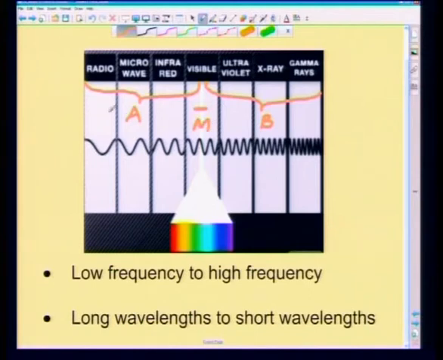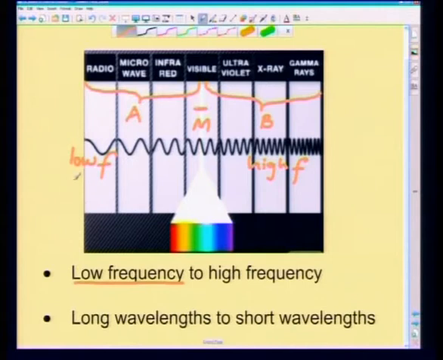Now, this A part here is a section where we have got electromagnetic waves that have got very low frequency. So this side, low frequency. And when we move towards B, this side here, we begin to have high frequency.